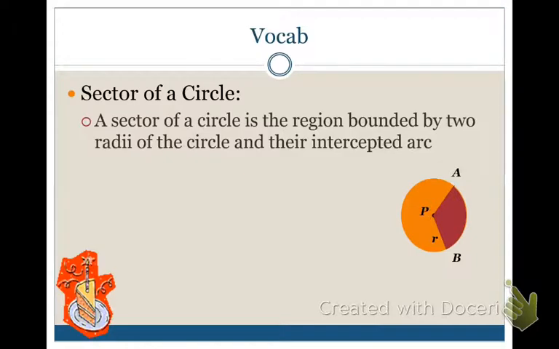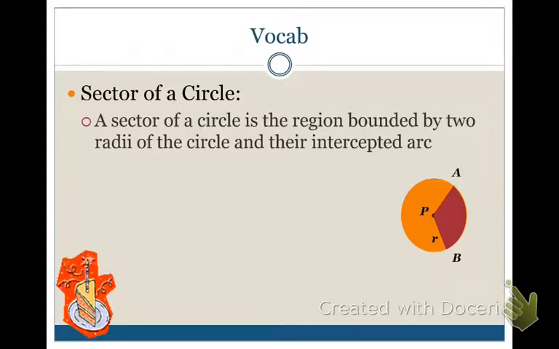Sector of a circle. A sector of a circle is a region bounded by the radii of the circle and their intercepted arc. The red section in this circle could be considered a sector. It's a piece of the pie. Now, this is very similar to arc length.